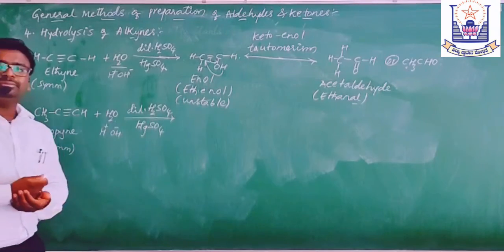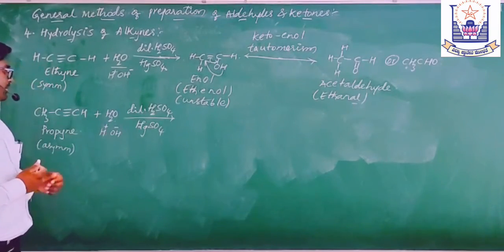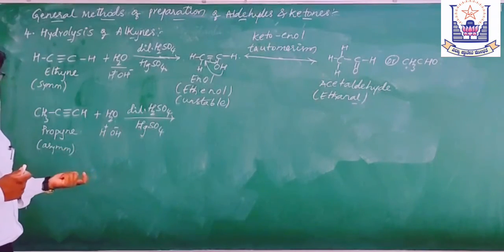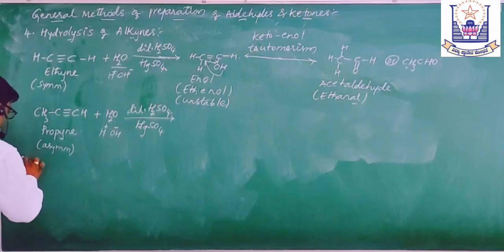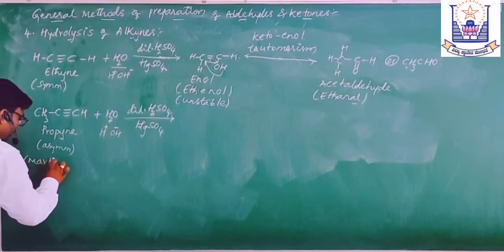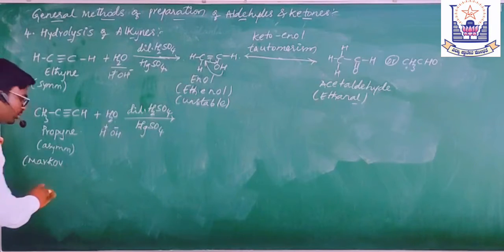In this asymmetrical alkyne, we have to follow Markovnikov's rule. What is the statement of that rule?